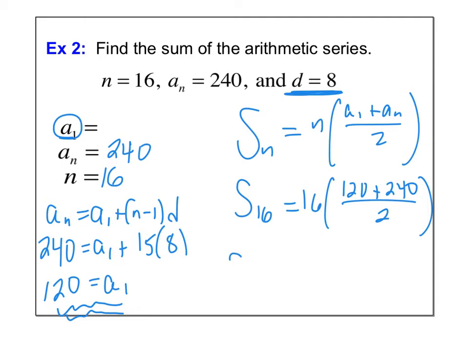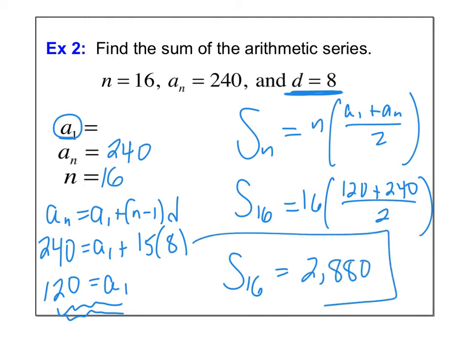Plugging all of this into your calculators now. Careful with the order of operations. They come into play big time here. So there you have it, 2,880. Go ahead and verify that, and when you are ready, let's move on.